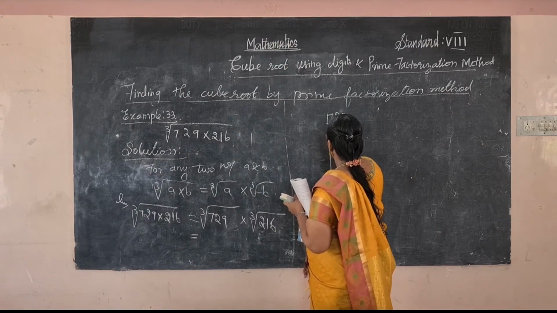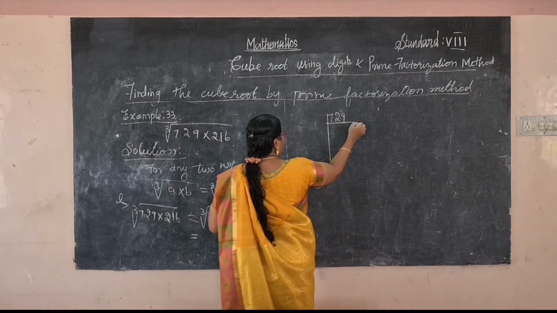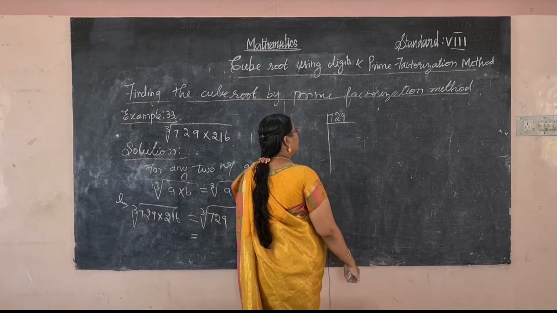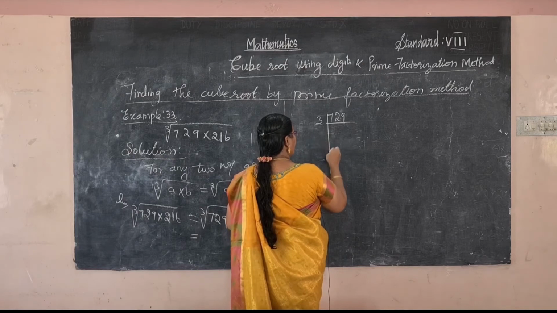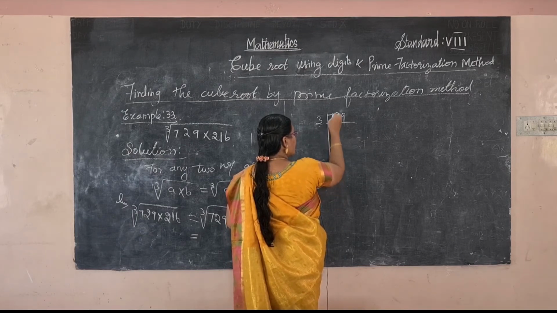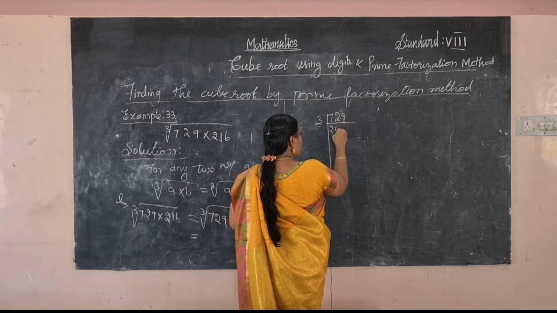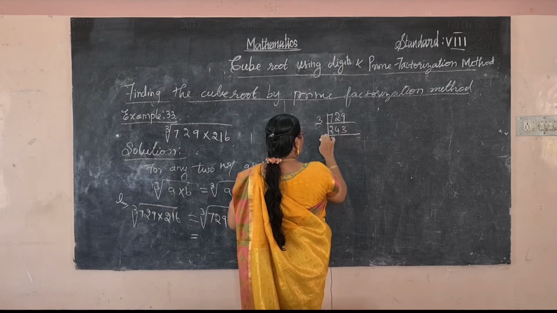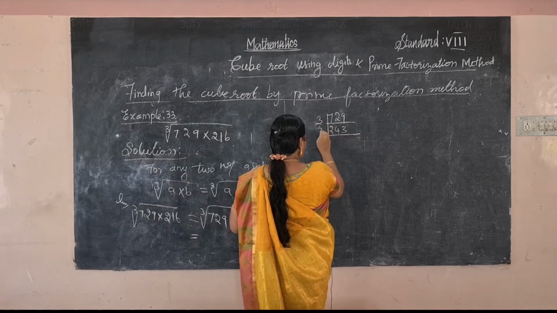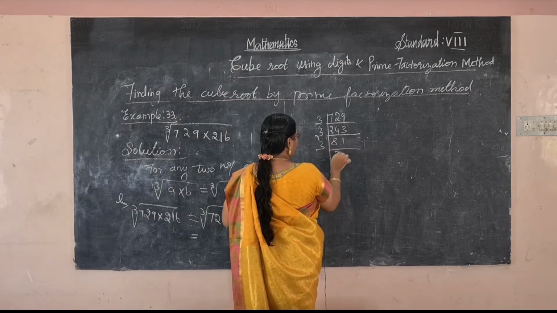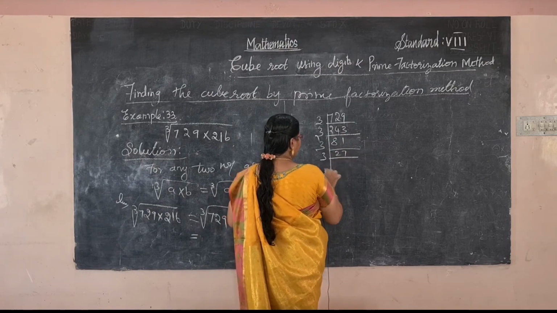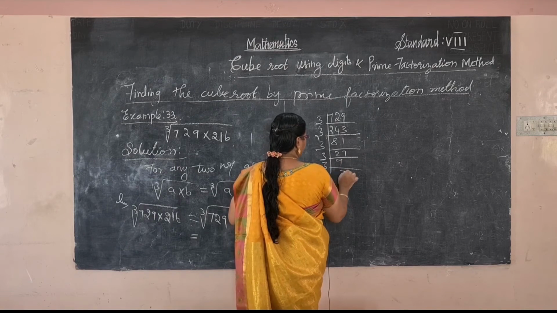729. 3 table, 2 table is not divisible, so using the 3 table, how many times? 3 2s are 6, 3 4s are 12, 3 3s are 9. Okay, 3 table 27, 3 table 9s are 27.